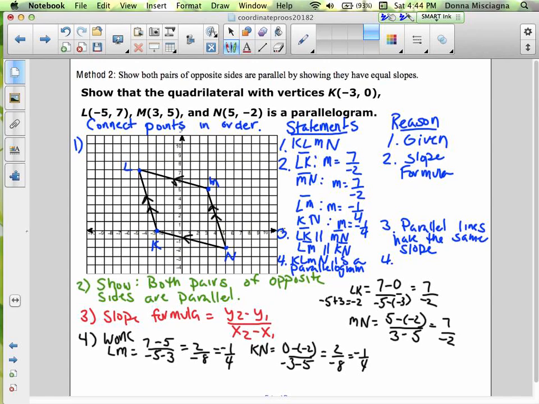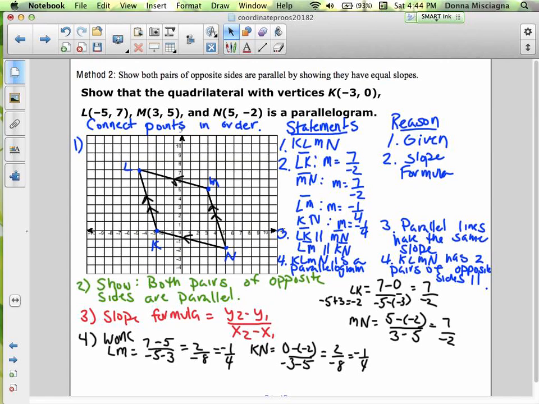We showed that KLMN has two pairs of opposite sides parallel. So you could write a quad that has two pairs of opposite sides parallel, or you can say KLMN, it's got 4 points, that means it's a quadrilateral, has two pairs of opposite sides parallel. And there we go. That's all there is to it.